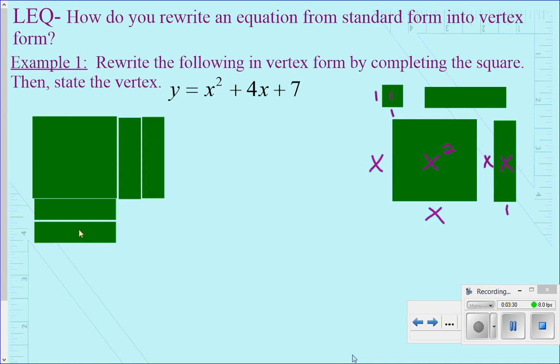So in your notes, draw yourself a diagram with 1x squared and 4 x's, but place 2 of the x's to the right of the x squared square and 2 below. Now, I need 7 1 squares, so I'm going to go ahead and pull 7 of those.